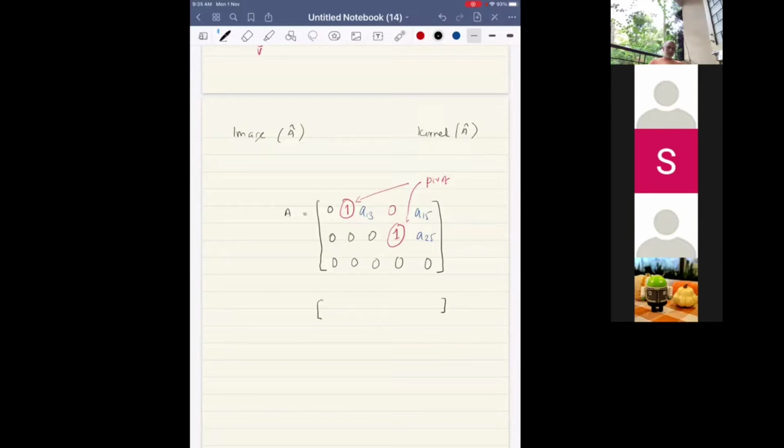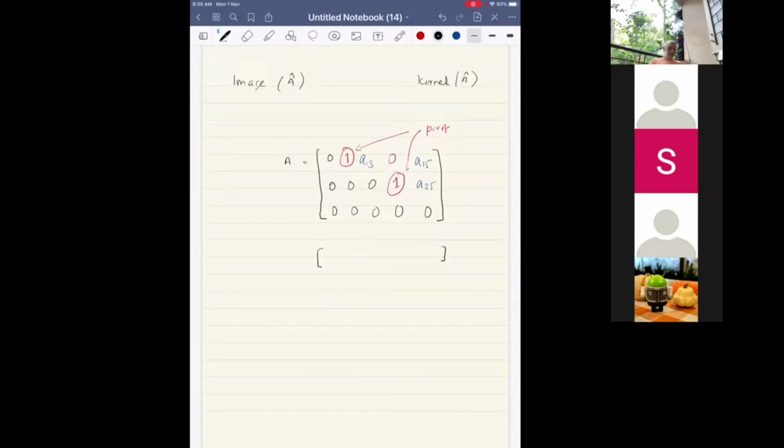So I claim that the columns of this are actually given by A hat E1, A hat E2, and so on up to A hat E5. I should not put commas because there are no commas in matrices.